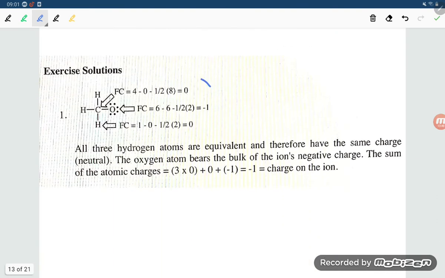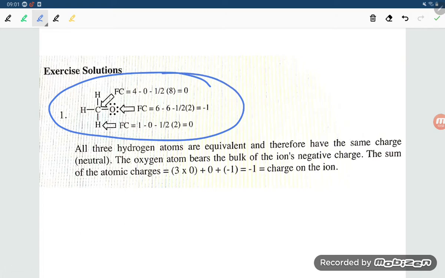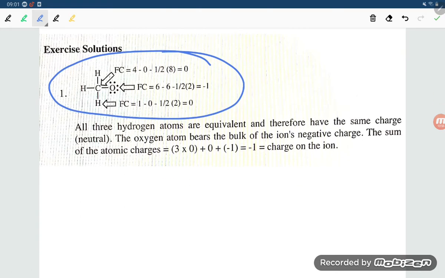Formal charge in this molecule. They have given one molecule, students, and they are asking us to calculate the formal charge. So this is the structure they have given. Here is hydrogen, there is hydrogen, here is hydrogen. The structure is already given. Here is oxygen, with 6 electrons, and they are saying calculate the formal charge. Here is a single bond.